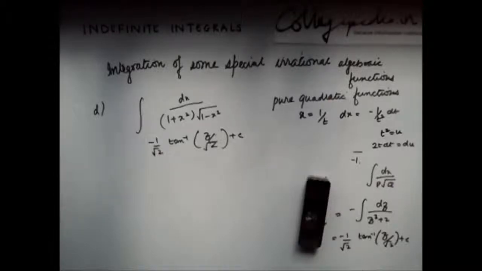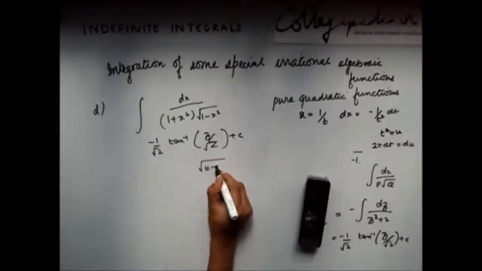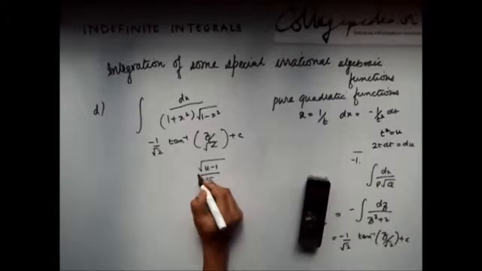My z is what? Z I can write as root under u minus 1, so this becomes root under u minus 1 by root 2.